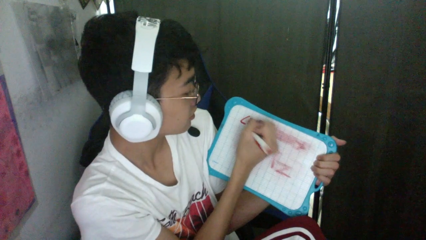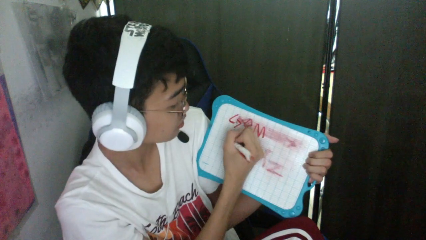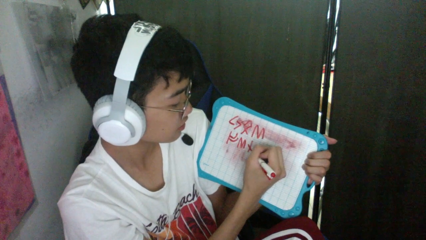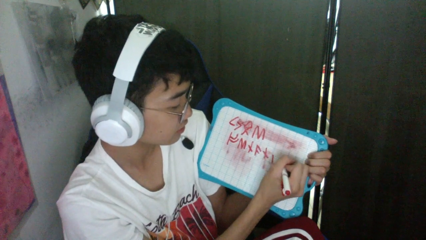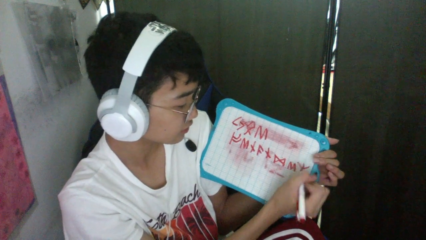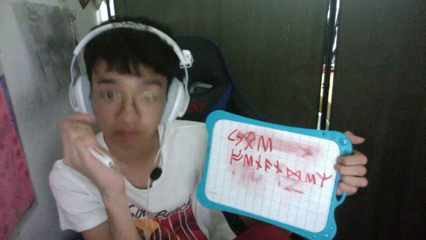If I were to say, for example, Joe Fernandez Bernard. So Joe, I'll write J, O, E. Next you got Fernandez, so you'll write F, E, N, A, N, D, E, Z. So we have written Joe Fernandez Bernard.